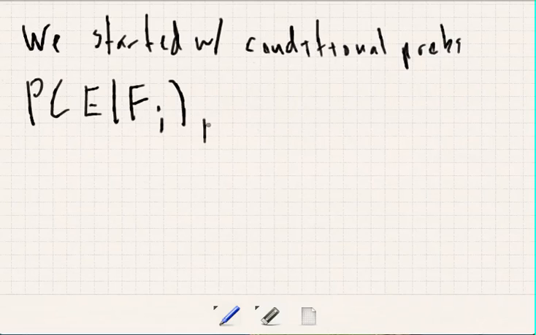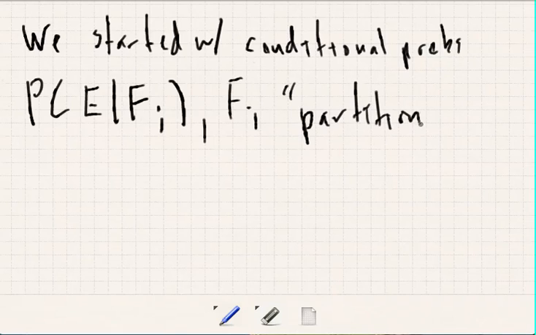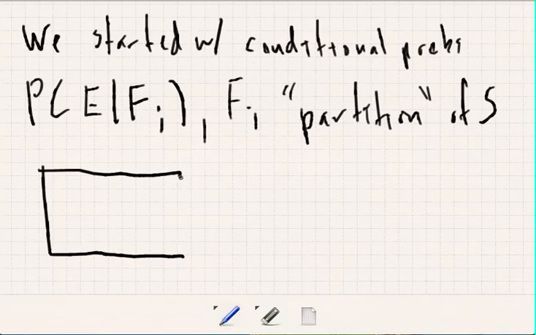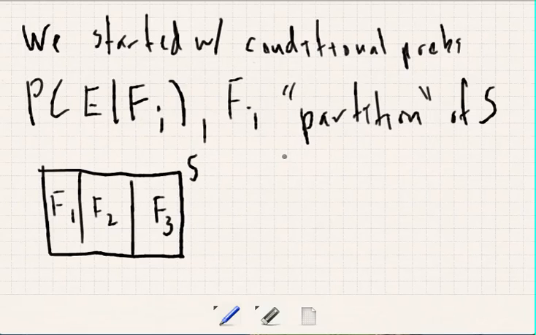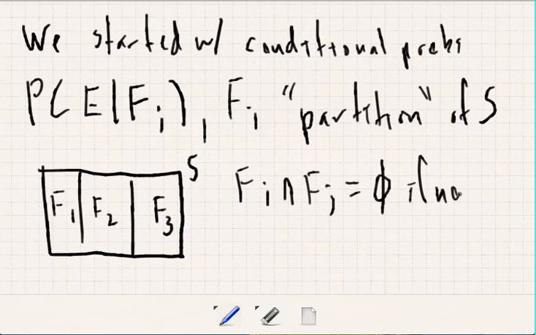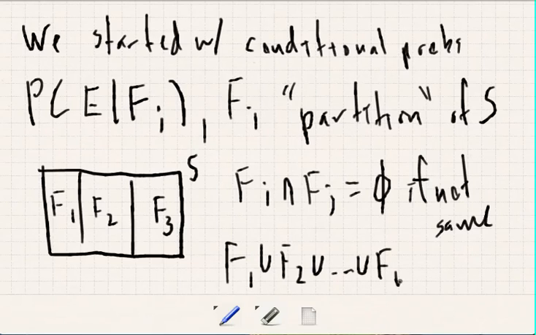Here we're assuming that the Fi form a partition of our sample space, by which I mean that they are all mutually exclusive, F1, F2, F3, but their union is the whole sample space. So Fi intersect Fj is empty if they're not the same, and the union of F1, F2, all the way up to Fn is S. That's what it means to be a partition.